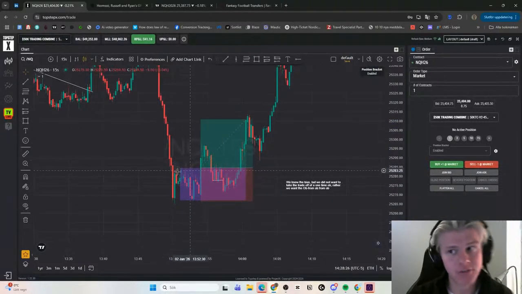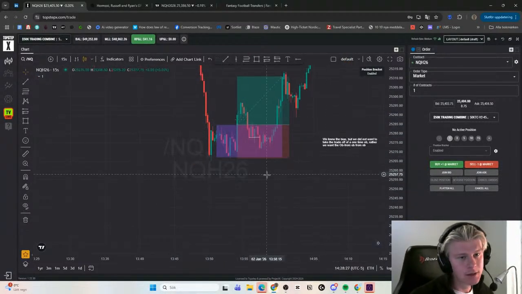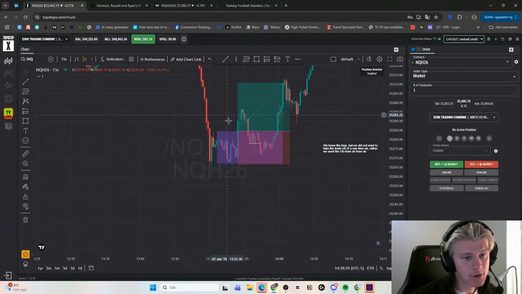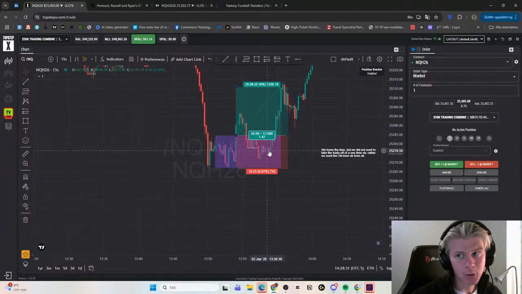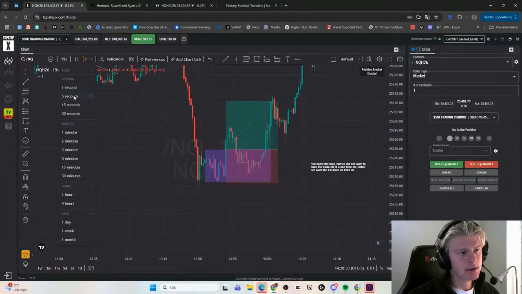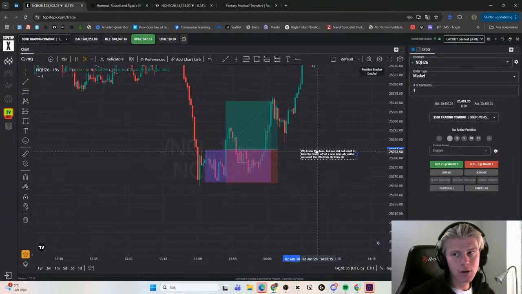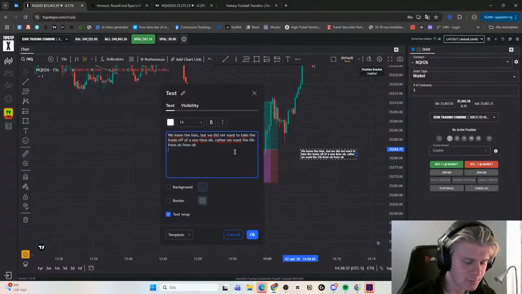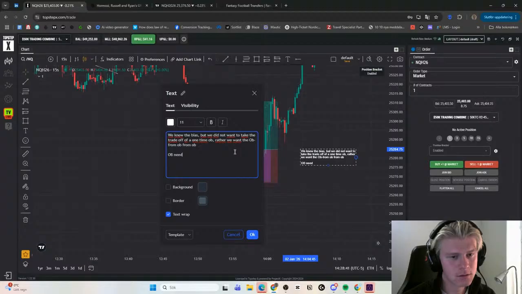That would have been the 15-second order block setup, and then I was looking for another 15-second order block to form out of this order block, but we just didn't get it. I think something like a running theme is order block is almost always lower time frame.